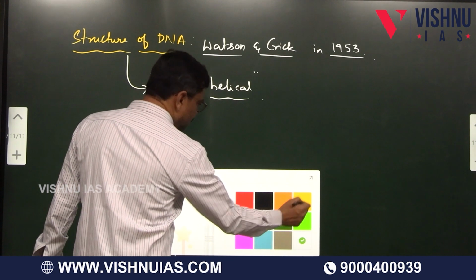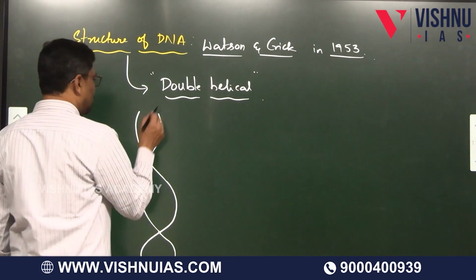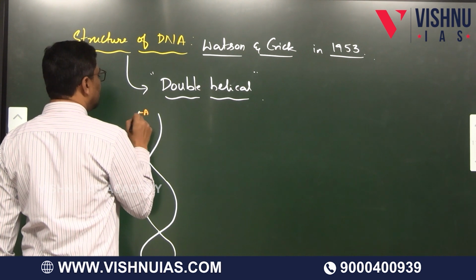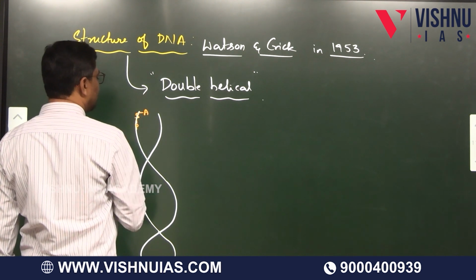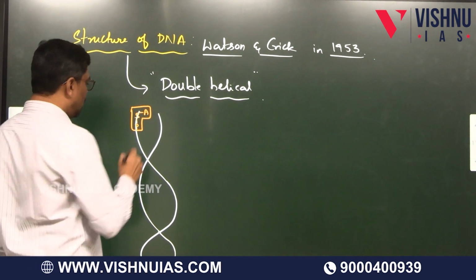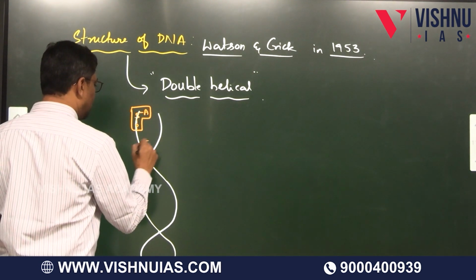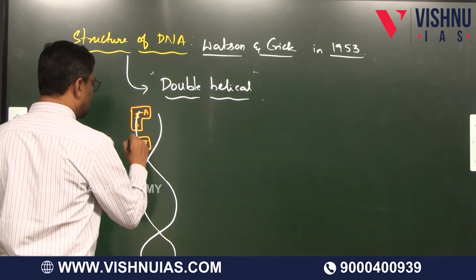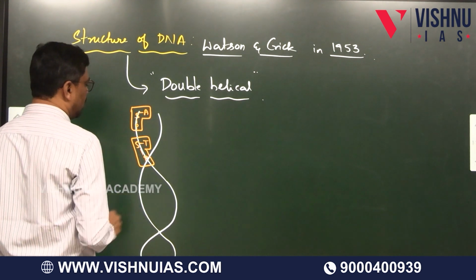If you observe the composition, suppose this is nitrogen base adenine, sugar and phosphate. This forms one nucleotide. Got it? In a similar manner, thymine, sugar, phosphate. This is another nucleotide. This is for your understanding only.